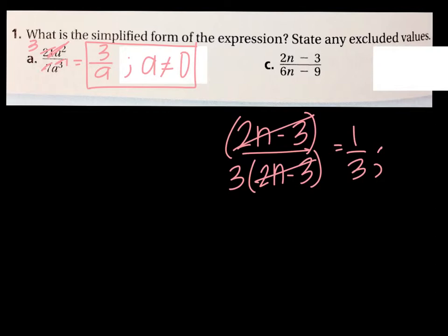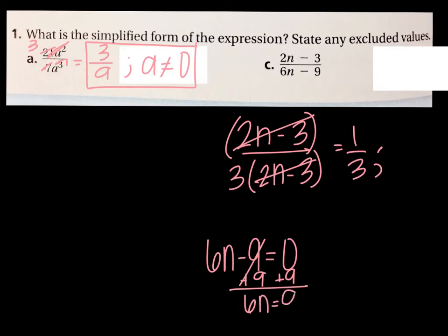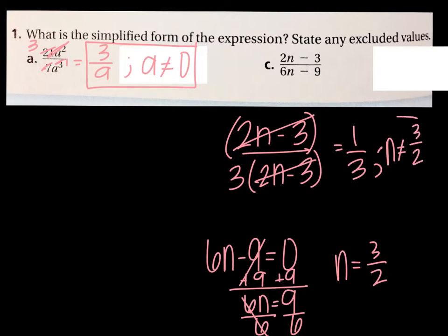Then we have to figure out our excluded value, so I'm going to take 6n minus 9 and set it equal to 0 and figure out what n can't be. So 6n equals 9, divide by 6, so n equals 3/2, which means n cannot equal 3/2. Because if n does equal 3/2, the denominator is going to be 0, and that's an indeterminate form.